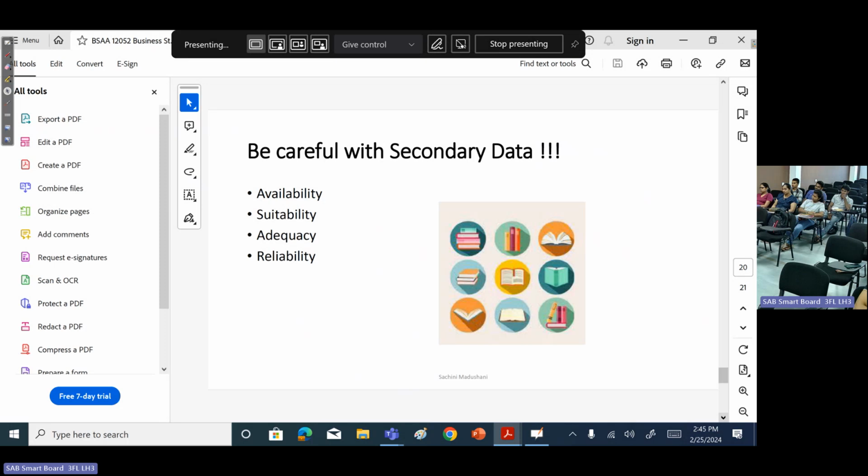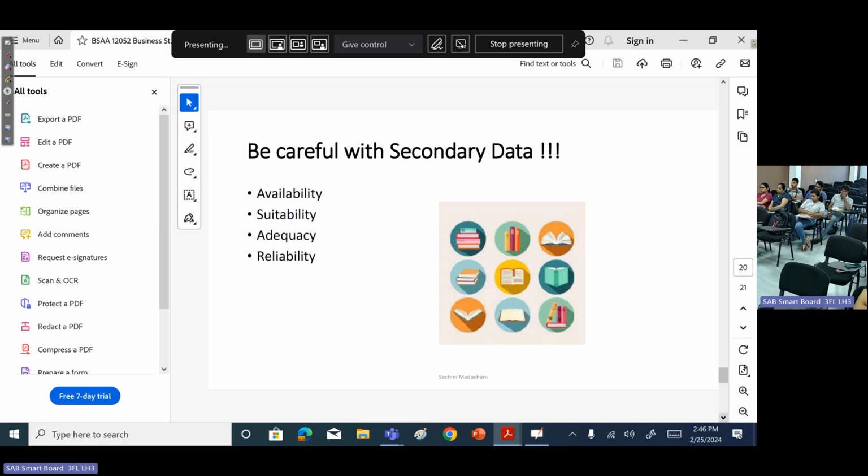If these data are available, then we check the suitability: whether the available data suit our purpose, and are appropriate to our study.